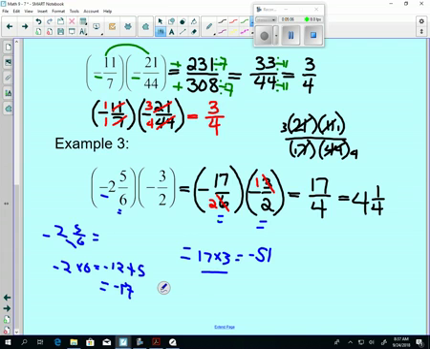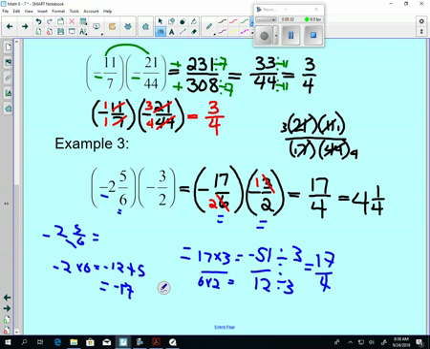And we multiply 6 by 2, we'll get 12. And then we can reduce that, divide this by 3, divide this by 3. This will give us 17 over 4.